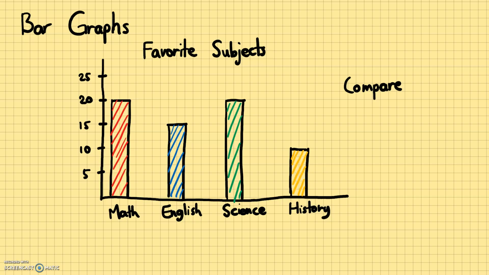So it's easy to compare the data here. And even in some bar graphs, you even see numbers on the top like this to indicate how many students like those subjects. Okay, so this right here are the students.